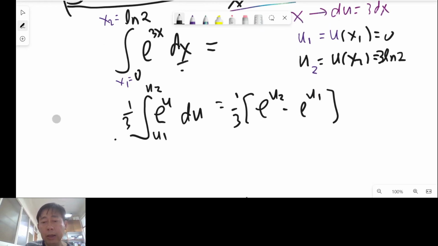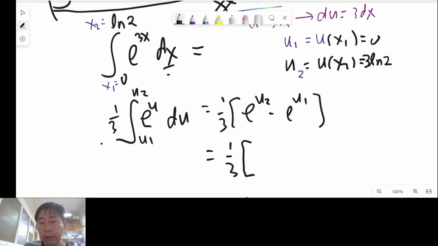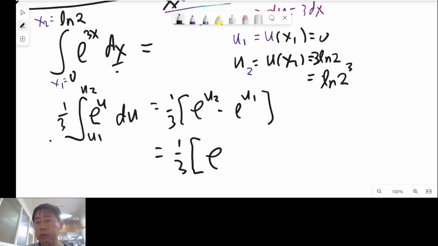So it's correct. Then I just substitute in the values: e^(3 ln 2), right? 3 ln 2 is ln 2 raised to the power 3, using the rule that ln x^r equals r ln x.